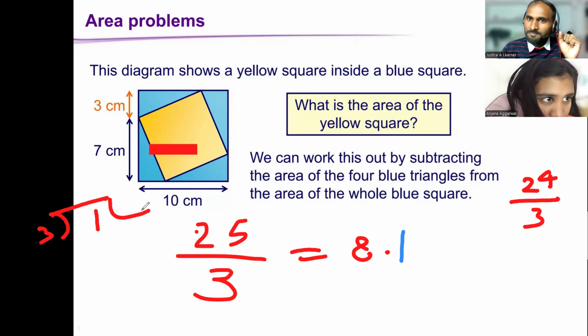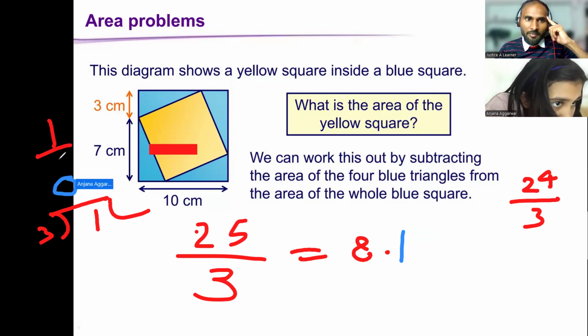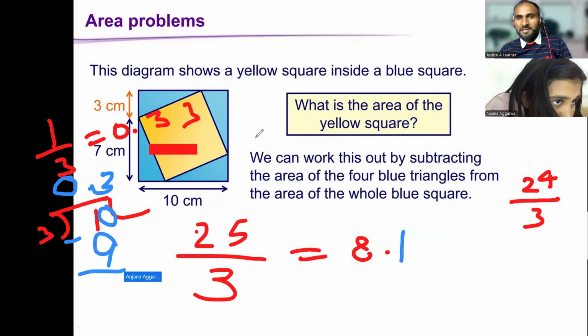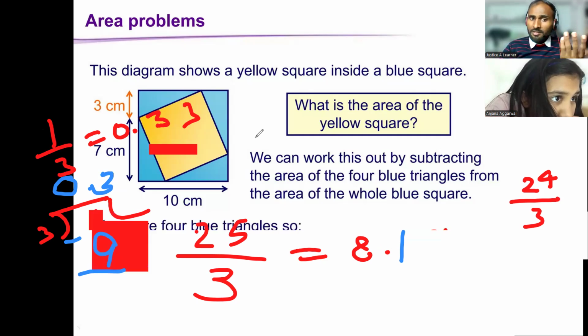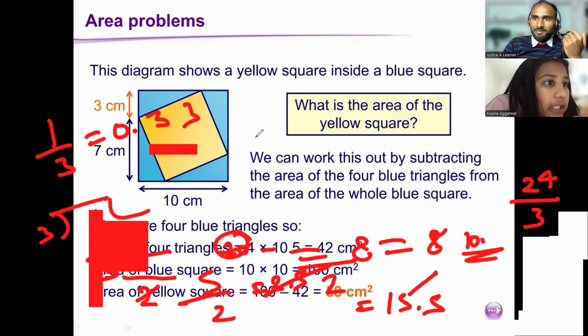Is that true? But this is something I need to remember. So I already knew that 1 upon 3 is equal to 0.33. This is what I learned after practice. But if you did not learn it, you would need to divide, and that would be 33. So 8.33 is the answer.